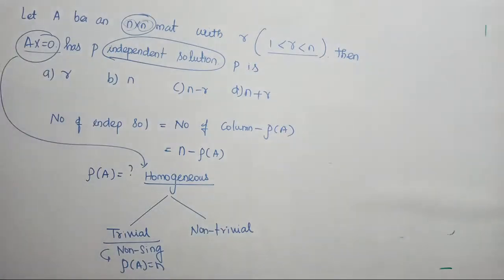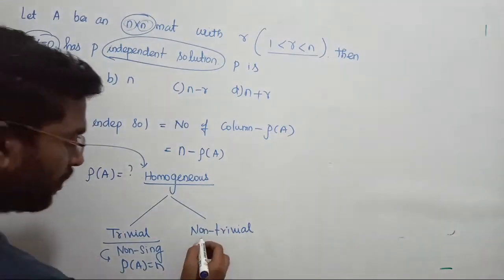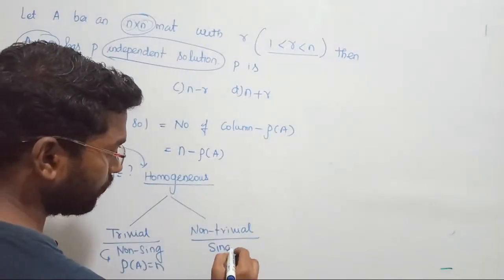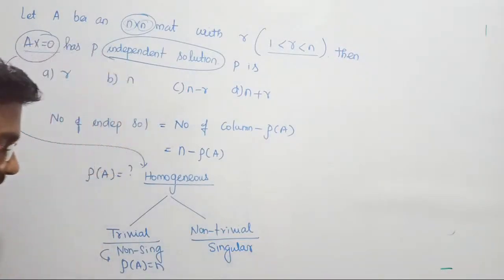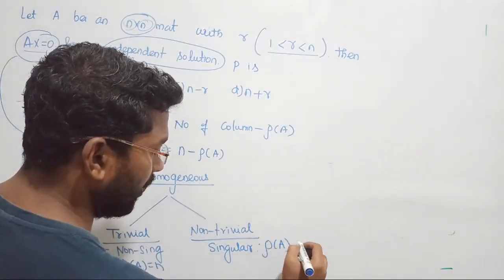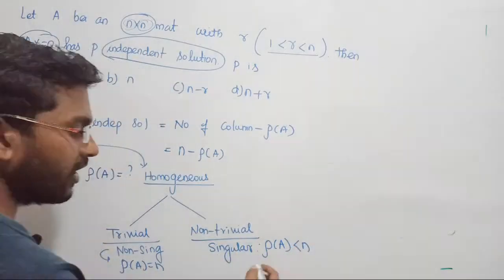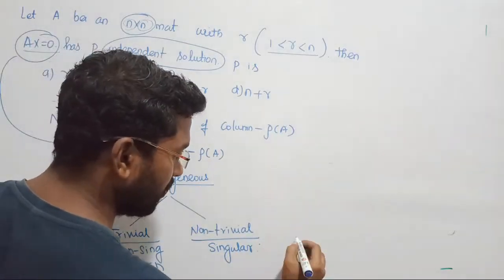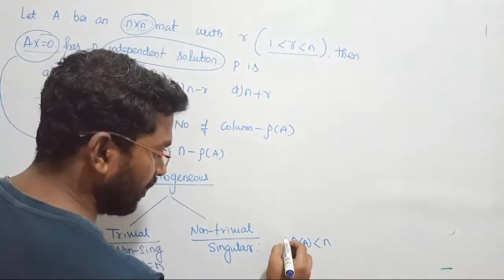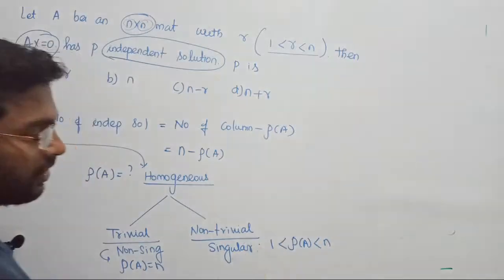Is it visible to you all? Yes, that is visible, right? So let us proceed. When we are looking for non-trivial, in the sense we are talking about a singular matrix. In that case, the rank of the matrix should be less than n, that is, less than the number of unknowns, and it should be greater than 1, right?